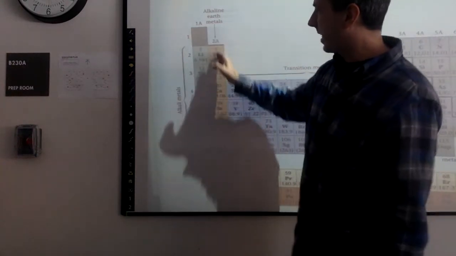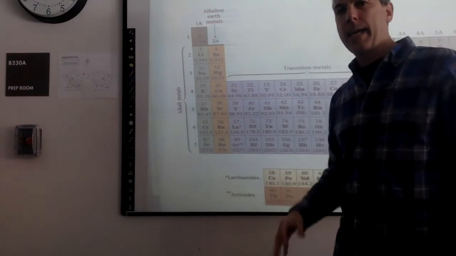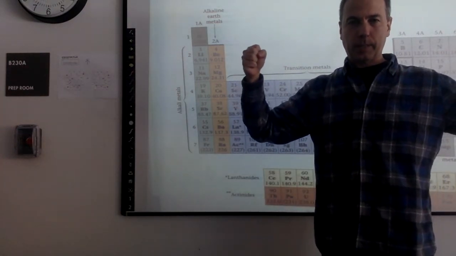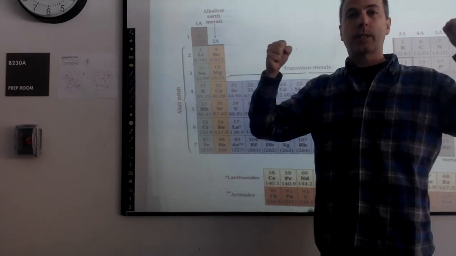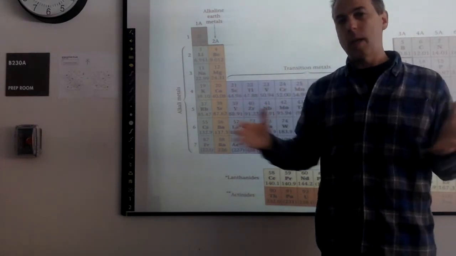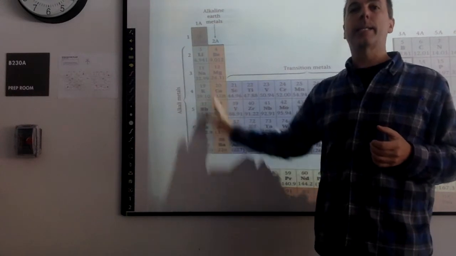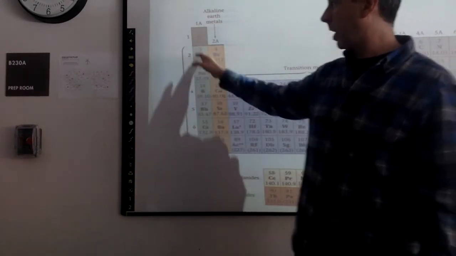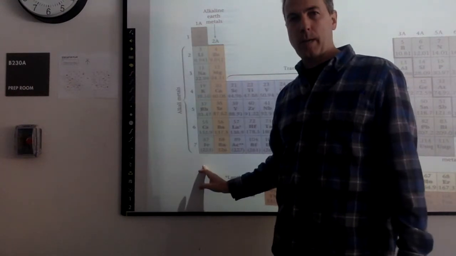So everybody in the second column, for instance, is hanging out with their outermost shell having only 2 electrons there. And since the 2 electrons are kind of lonely on their outer shell, they tend to lose them, and so they tend to become +2 ions. First column tends to become +1 ions.